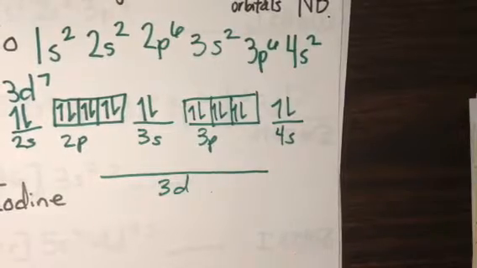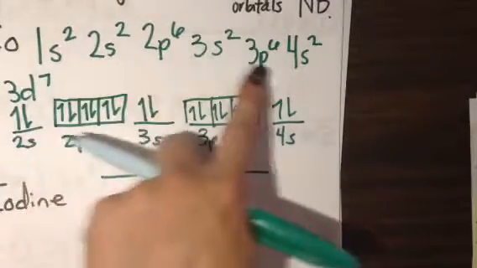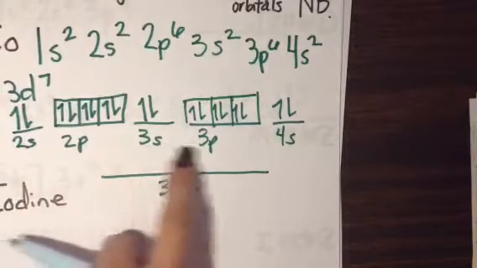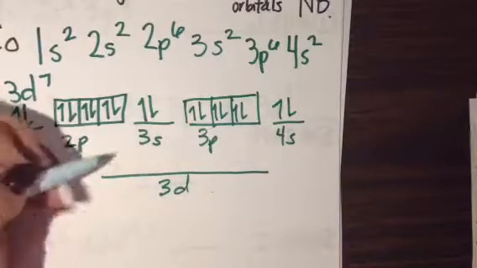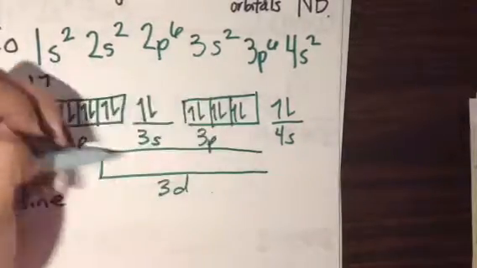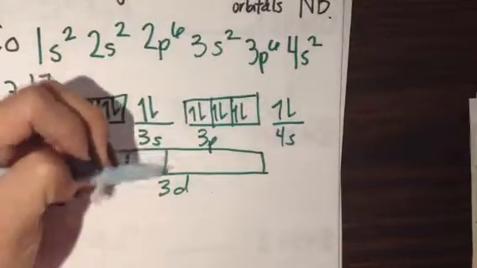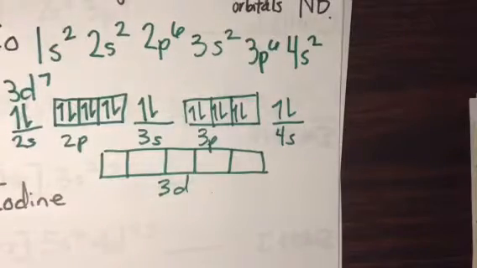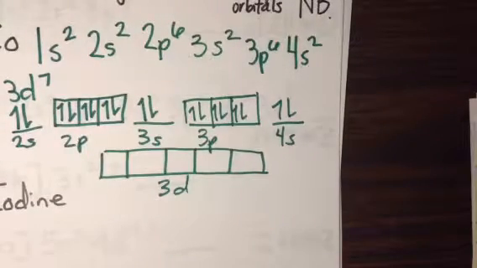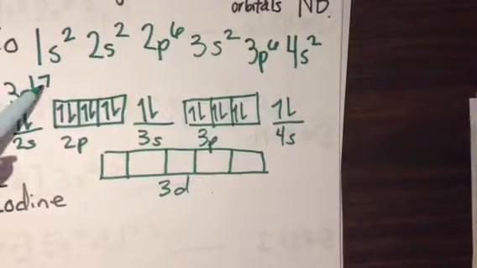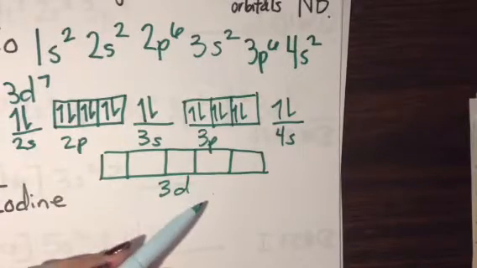After you have the electron configuration, you just draw the boxes, or the lines, underneath. How many boxes should I draw for d if it can hold 10? 5, because 2 electrons, or 2 arrows, can go in each. But it's 3d7, so I'm not going all the way to 10.